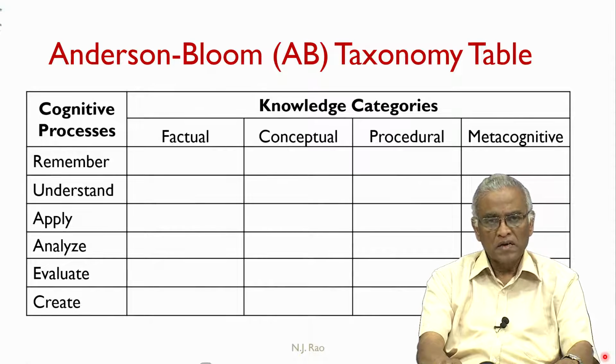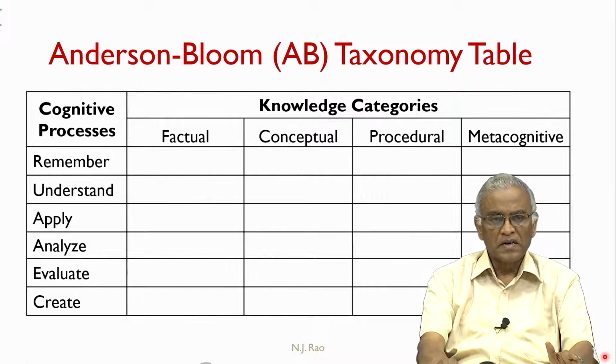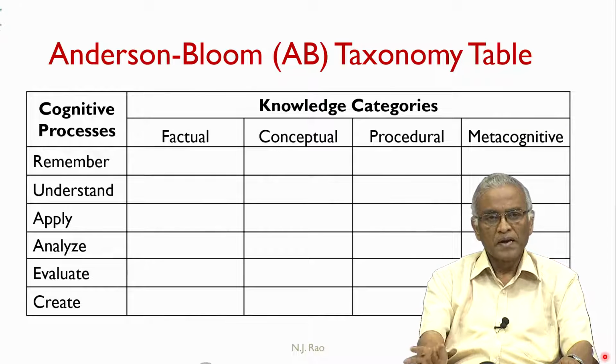Here, we slightly altered this, interchanging the rows and columns, because when we write the outcome of any learning activity, we start with the cognitive action verb related to one identified cognitive process, and then it is followed up by the knowledge elements.